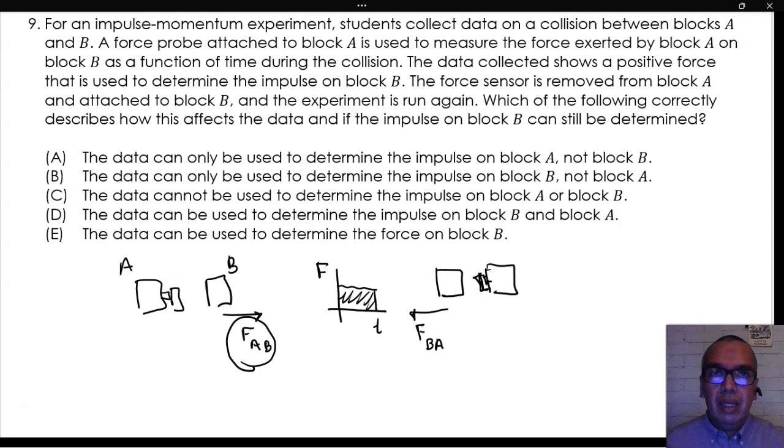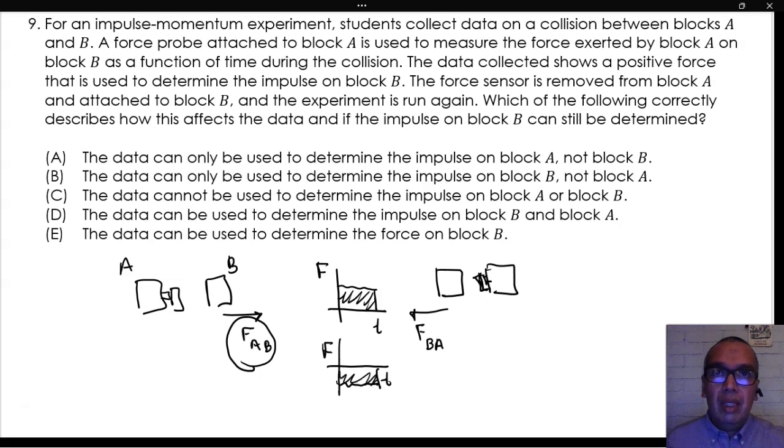They just differ in sign due to them having opposite directions. This means that the corresponding impulse on A and B are equal in magnitude, just opposite in sign.